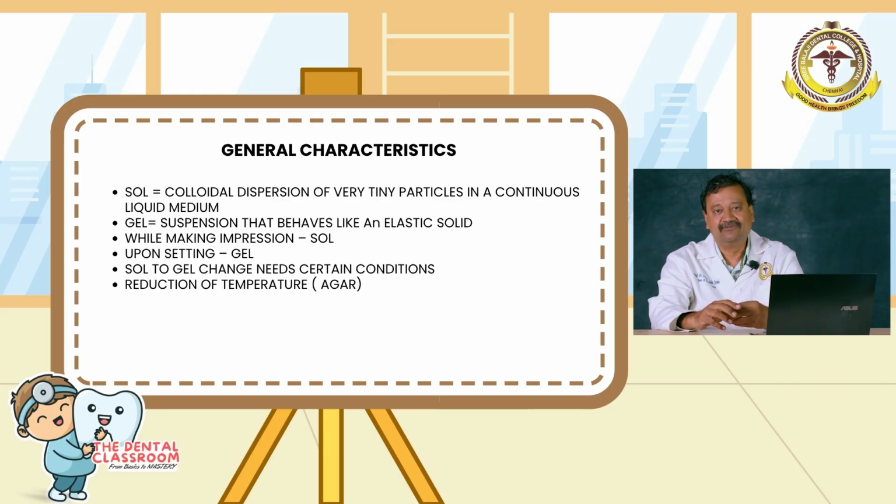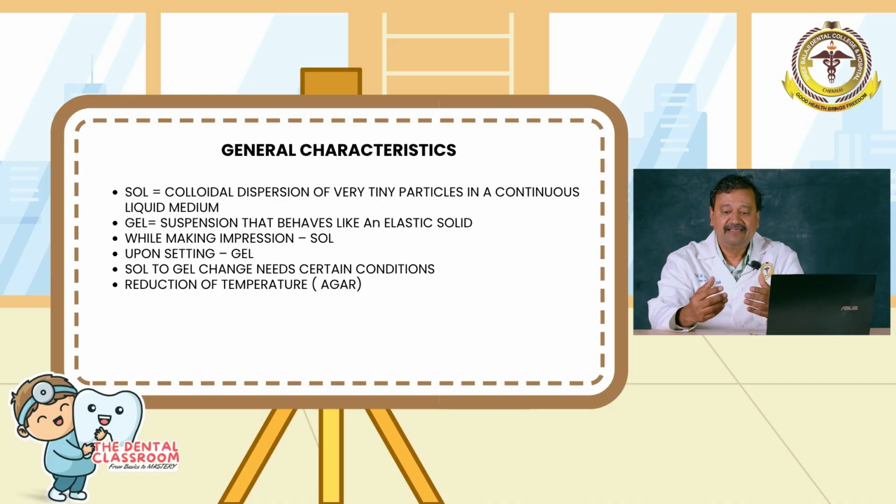Upon setting, what happens? The sol becomes a gel gradually, and this sol to gel transformation is dependent upon certain conditions which can vary from material to material. In the case of agar, this condition for the sol to become a gel is alteration in temperature.